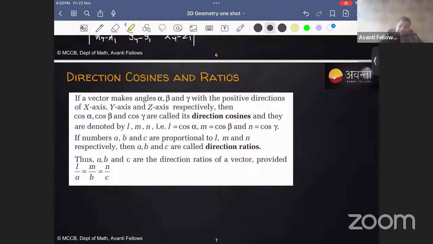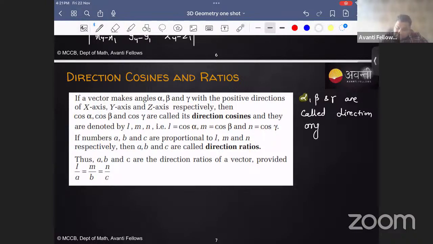Then these alpha, beta and gamma are called direction angles.